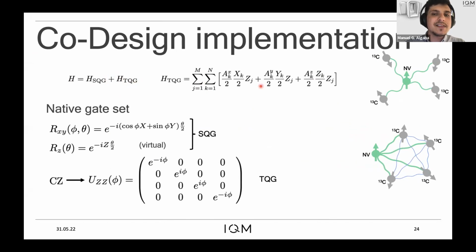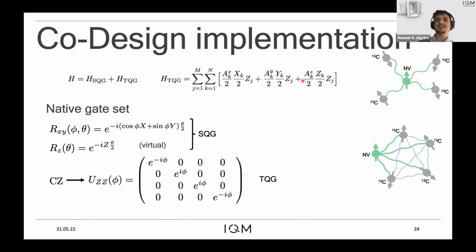This would be our Hamiltonian just for the non-interacting case for NV centers and N nuclei. Once we have expressed this in qubit operators, it's easy to see these X and Z's. These A's would be constants of the problem, and this X is going to be acting on a qubit that represents the nuclei, while this Z will be acting on a qubit that is representing the NV center.